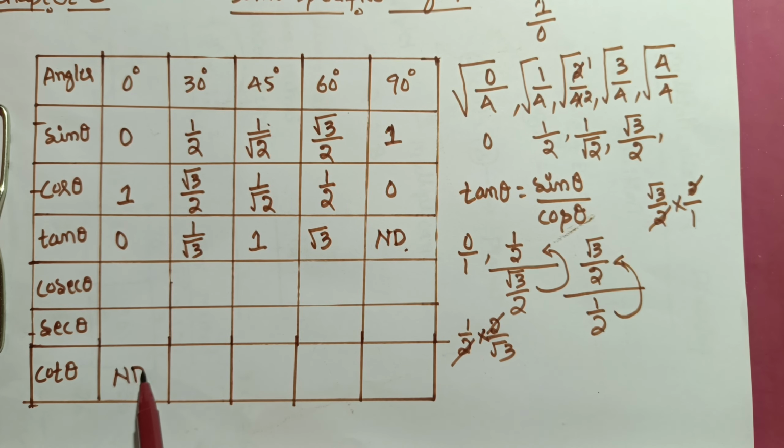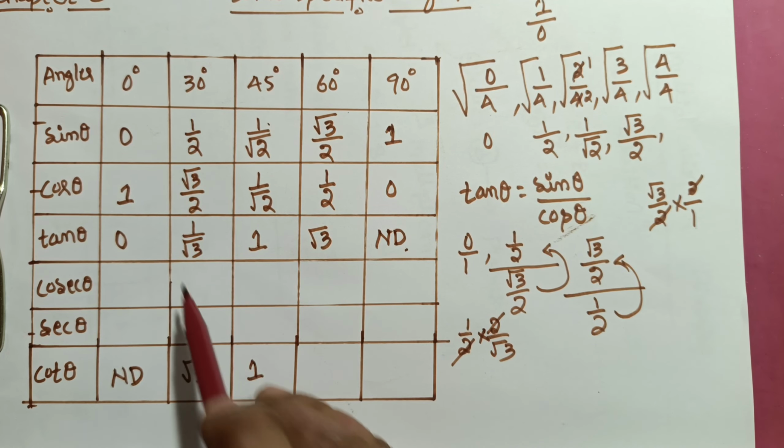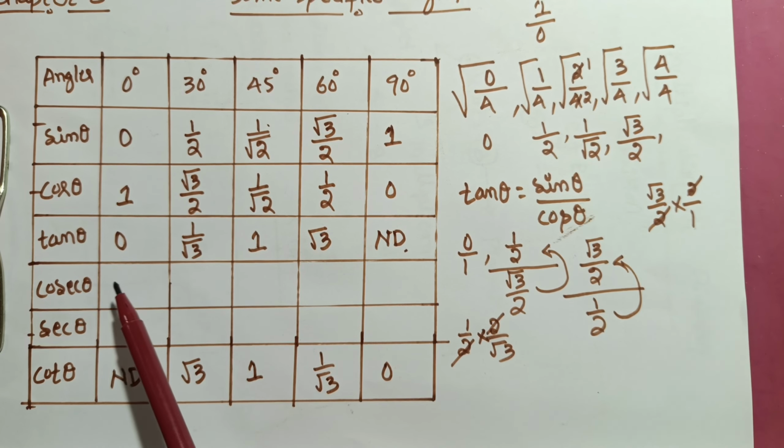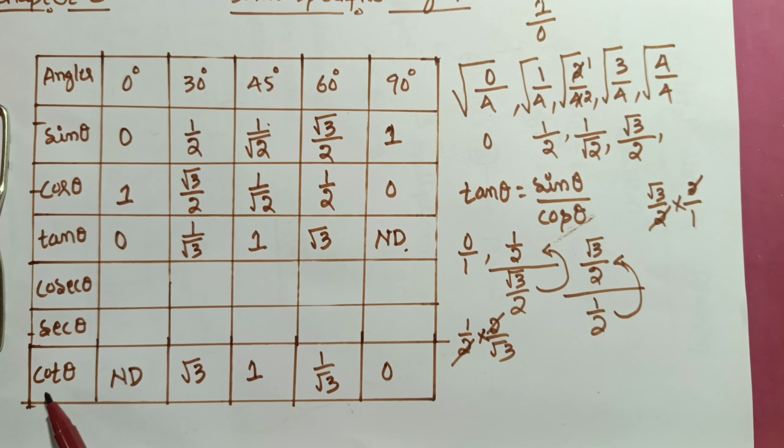This is ND, root 3 as usual, 1 by root 3, 0. So now with respect to cot theta values we have written all the values. Now we are left with cosecant theta and secant theta.